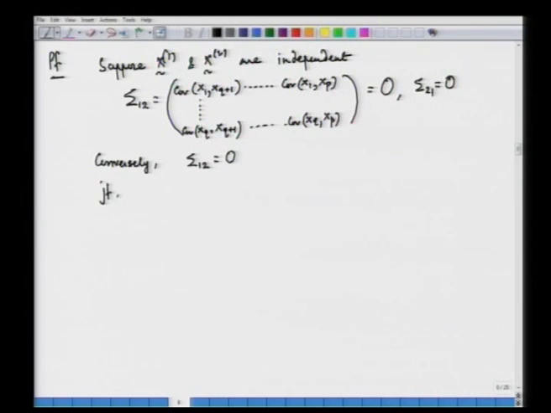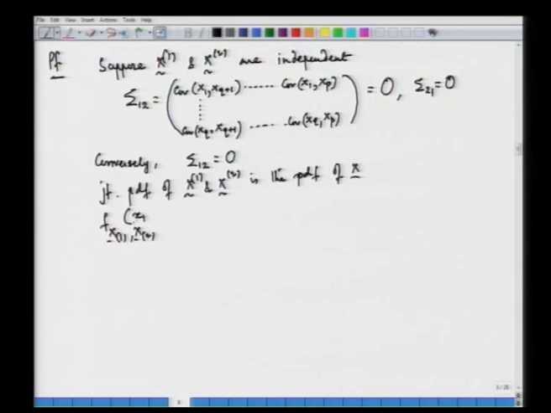So, now the joint PDF of x1 and x2 is nothing but the PDF of x. So, what I have is f of x1, x2 at x1, x2.